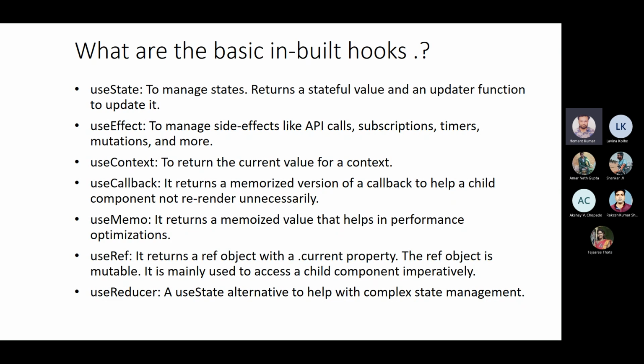Memoization is again a function. Let's take an example: there is a function that we call by passing a parameter, and it accepts that parameter as an argument. Suppose we are passing the same parameter.